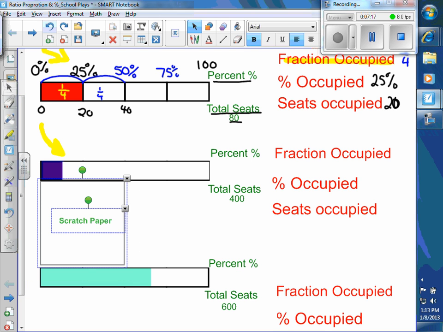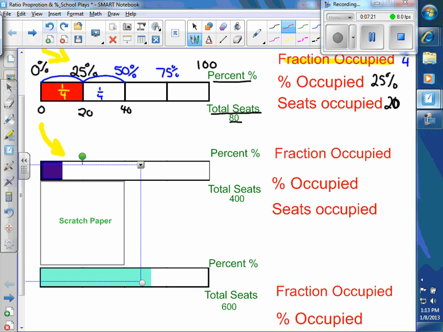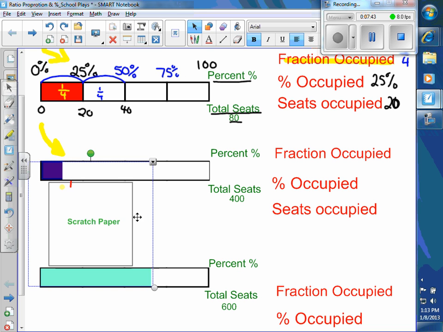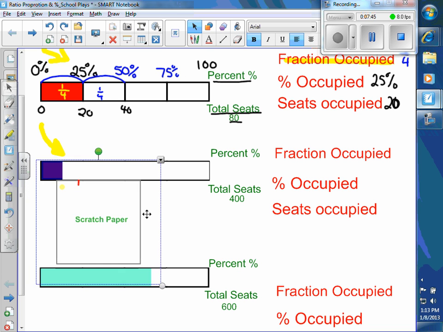So if you had a piece of scratch paper, you could just put a little tick mark, like from the corner of the scratch paper, or put 2 tick marks. And then you could, because this is the smart board, I'm going to group this. I didn't mean to get the yellow piece. Let's see what I got. Yeah, okay. So you could mark this off.